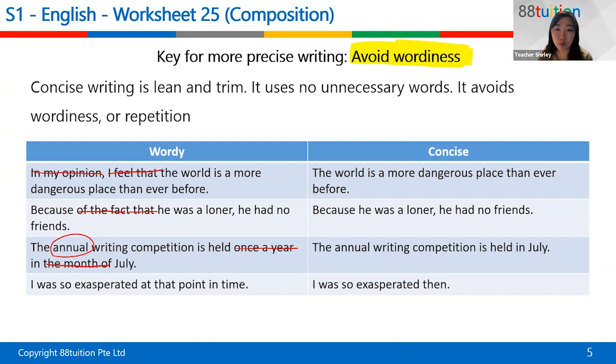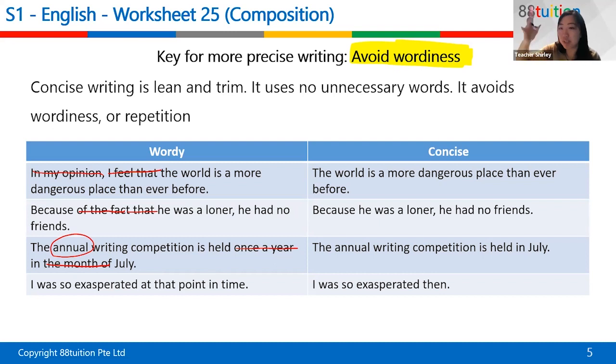Okay, so same thing if you're doing summary for your Section C comprehension, you can also cut short some of these words when you're paraphrasing. And then the last one, "I was so exasperated at that point in time." Okay. "I was so exasperated then."